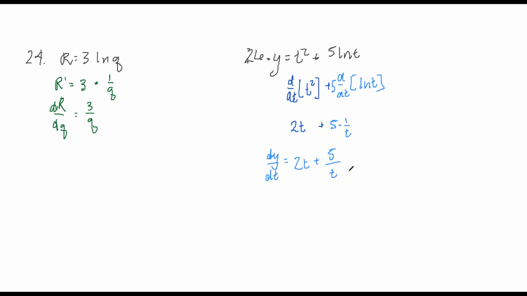Let's wrap up with a couple of problems from 3.5. Again, we're just basically thinking about what kind of rules we are given here and how we can incorporate those rules into solving some of these problems. Here we're dealing with sine and cosine functions. So I'm going to go ahead and write down some of these rules.